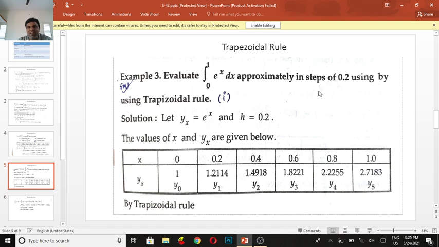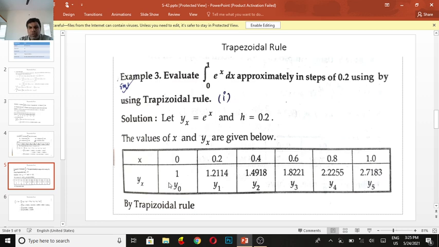We take the step 0.2, so h should be 0.2. We use a convenient interval, a minimum of 5 or 6 points. So x is 0, 0.2, 0.4, 0.6, 0.8, 1. So 1, 2, 3, 4, 5, 6 similarly.